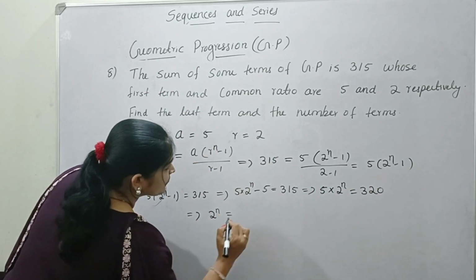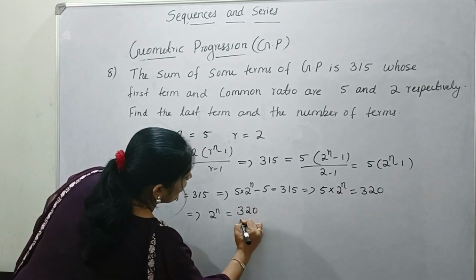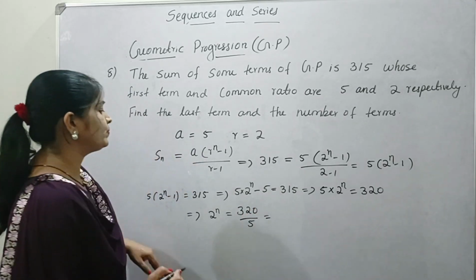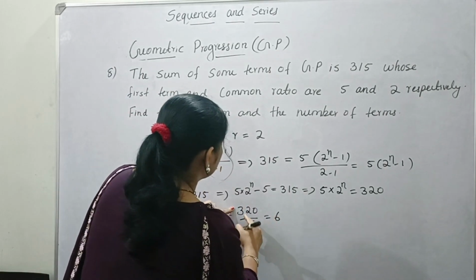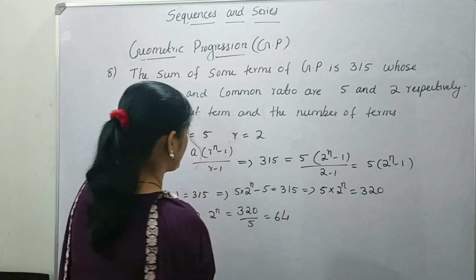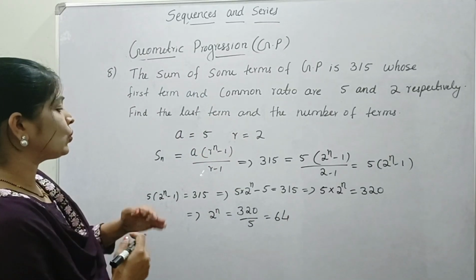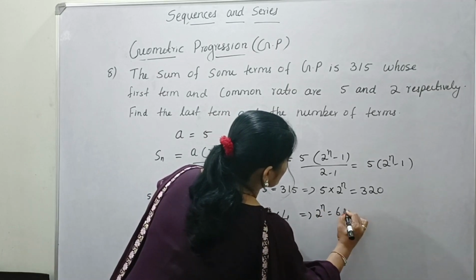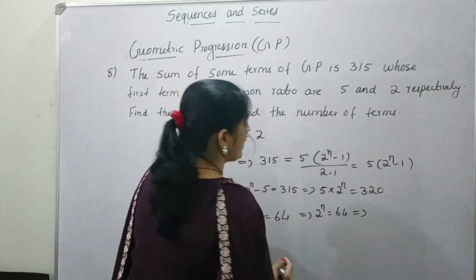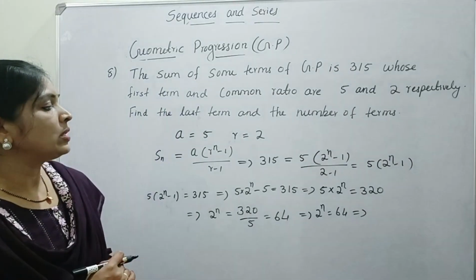So 2 raised to n is equal to 320 divided by 5, which is 64. 5 sixes are 30, 5 fours are 20. See here we have got 2 raised to n is equal to 64. How can we write 64 as a power of 2?